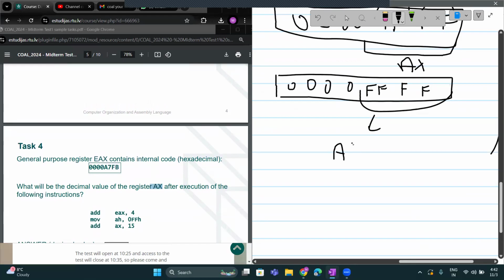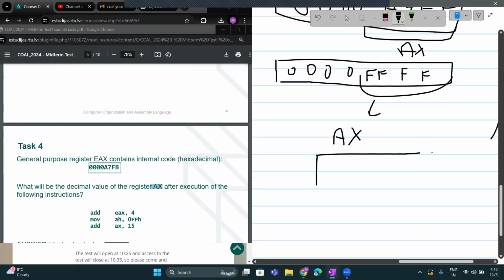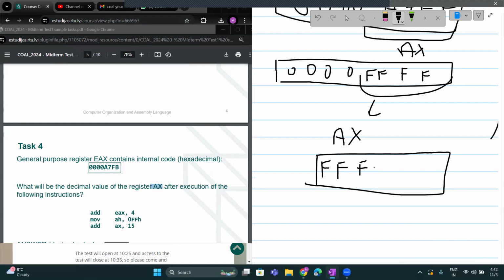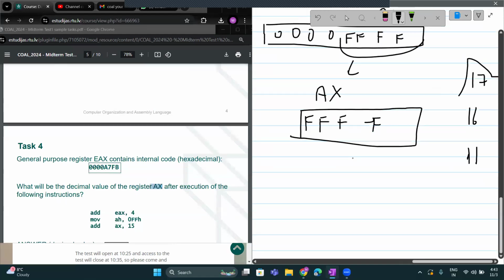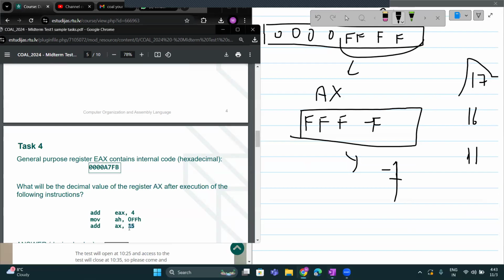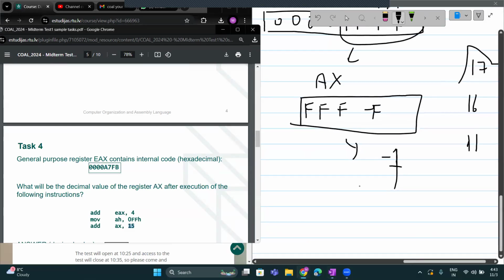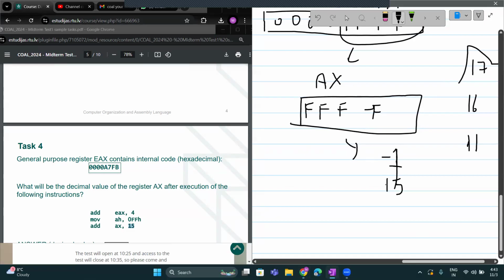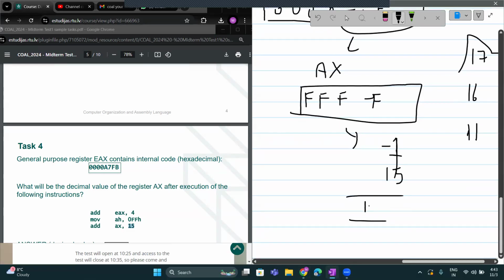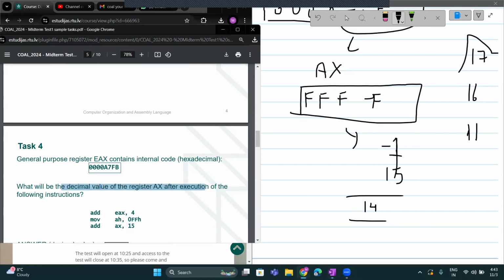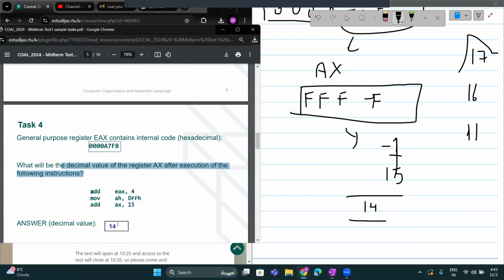So if you look at AX, it is F, F, F, F, which is -1. And if we add 15 to AX, it will become 15 minus 1, which is 14. So the decimal value of register AX is 14.